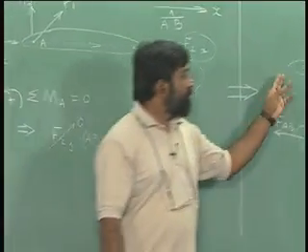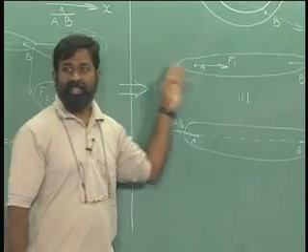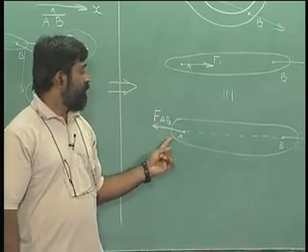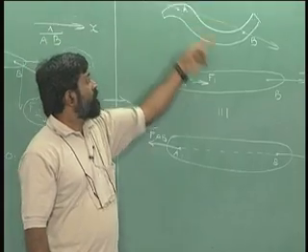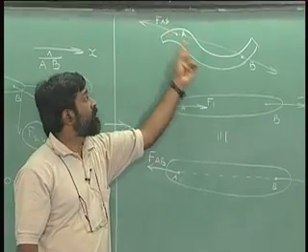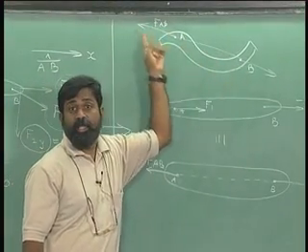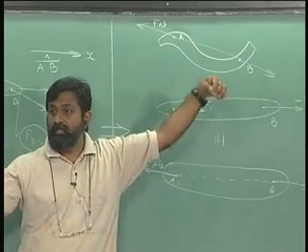If I have a straight member like this, we call this an axial member. If we have something like this, the conclusion is that it is along AB that the force resultants will be finally acting.